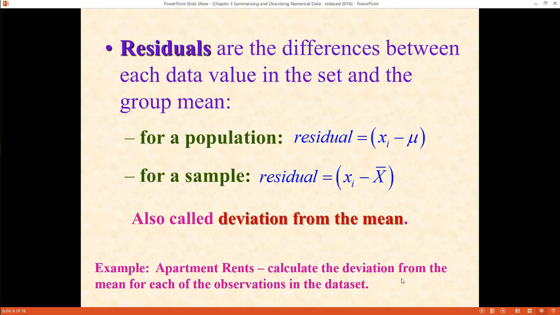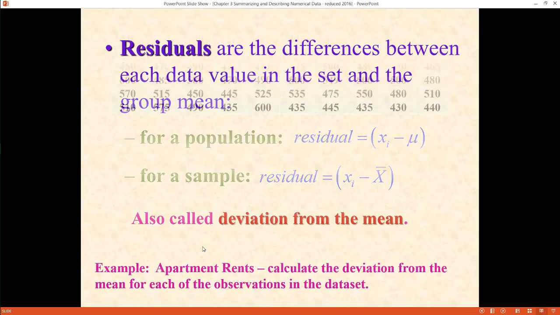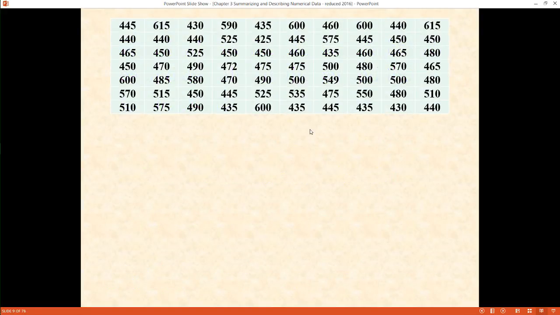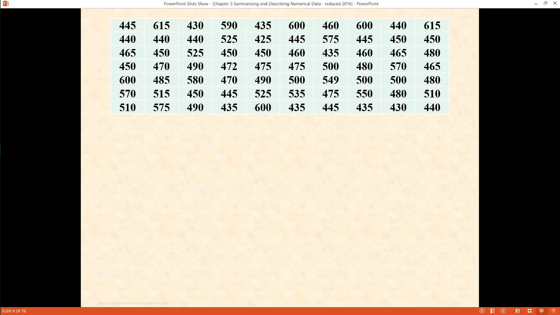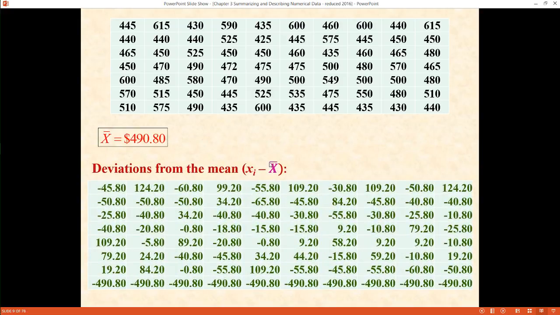So let's calculate the deviation from the mean for each of the observations in the data set. Okay, so, sorry. So we know the mean of the data, $490.80, average rent for efficiency apartments. So here I'm taking that table and calculating the deviation from the mean for each observation.